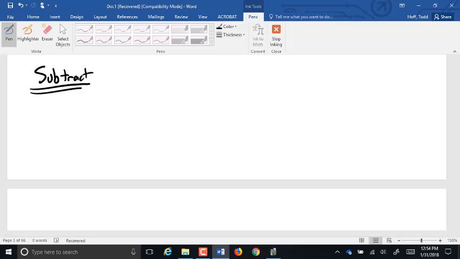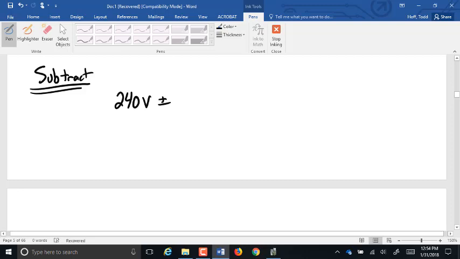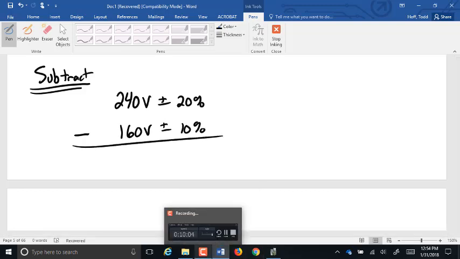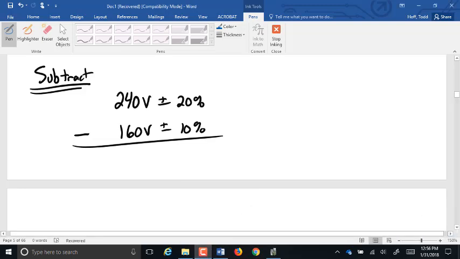Where we have 240 volts plus or minus 20%, and we're going to subtract from that a 160 volt plus or minus 10%. So I'll give you guys a couple minutes to do that, and we'll talk about it in a couple minutes.